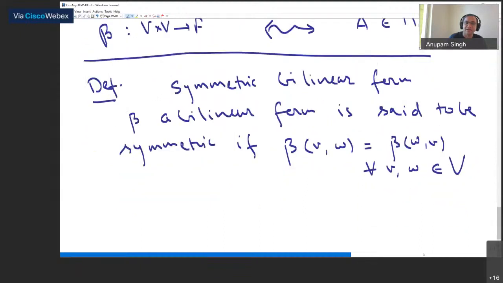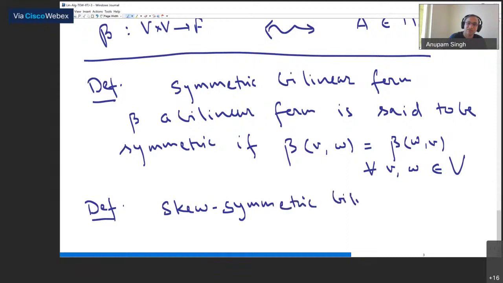Right? I can make another definition of what is called skew-symmetric. So let's write that down. Skew-symmetric bilinear form.